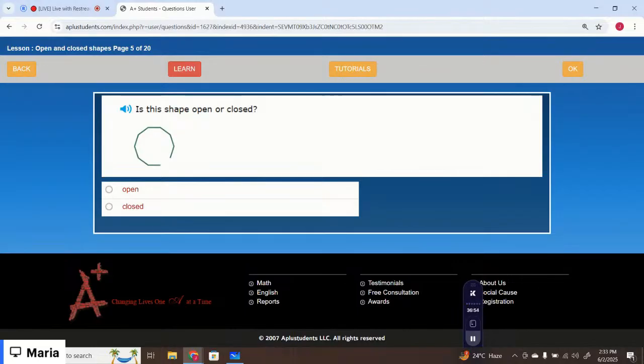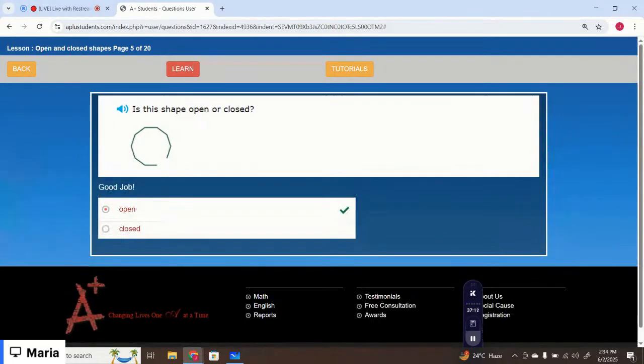Is this shape open or closed? Open it is. Option number one is the correct option.